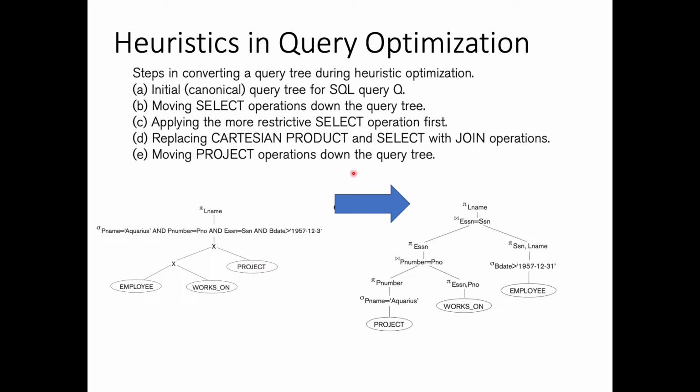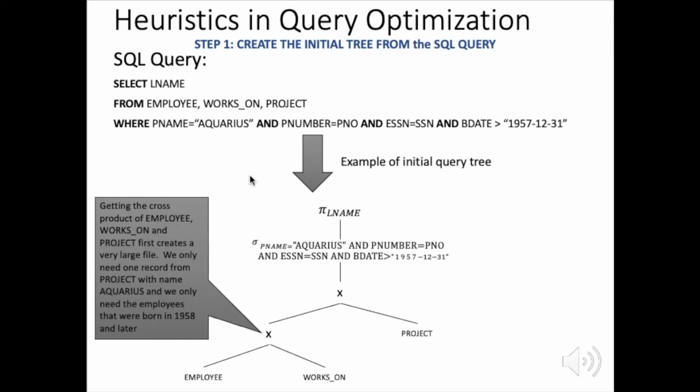Okay, so from our reference, merong binigay na steps in converting an initial query tree during heuristic optimization to get something better. This equivalent query tree has the same result dito sa nauna. The first step is obtaining an initial query tree from the SQL query.